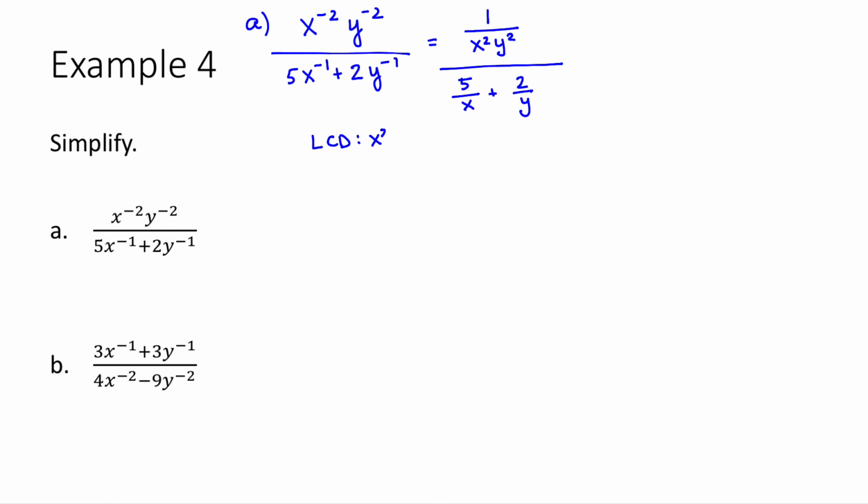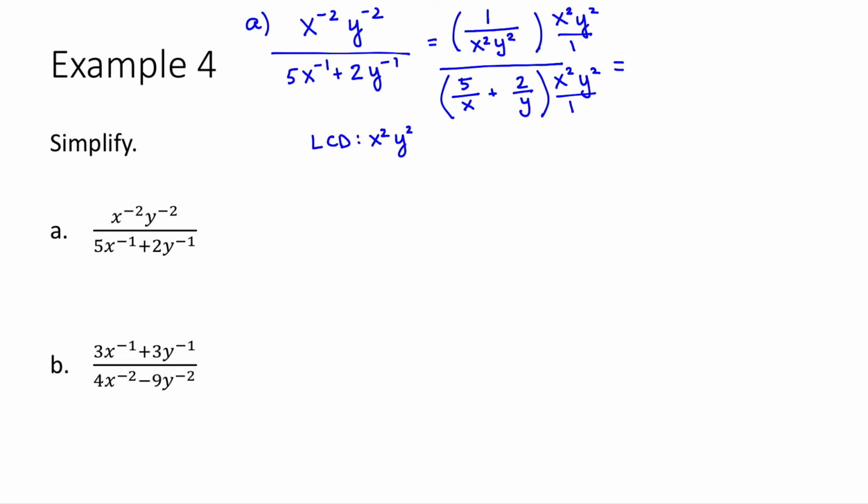Highest power of x is 2. Highest power of y is also 2. So our least common denominator is x squared y squared. So I'm going to multiply both the top and the bottom by x squared y squared. You can put that over 1.